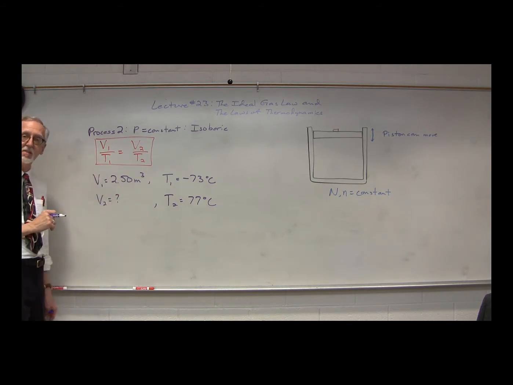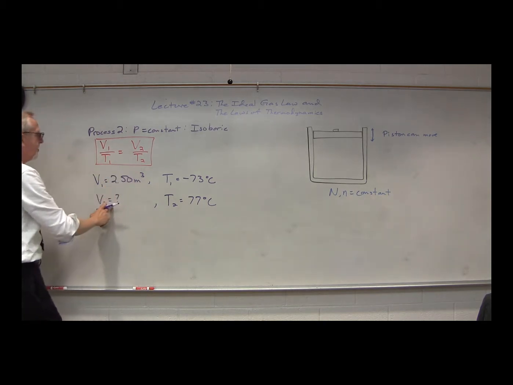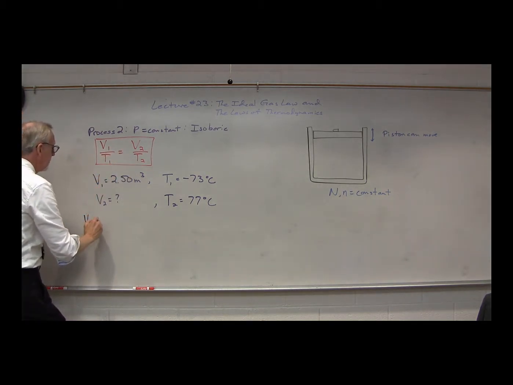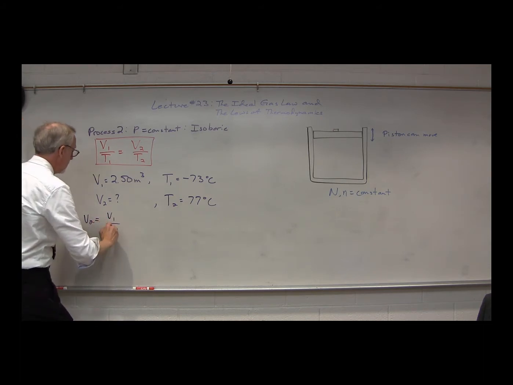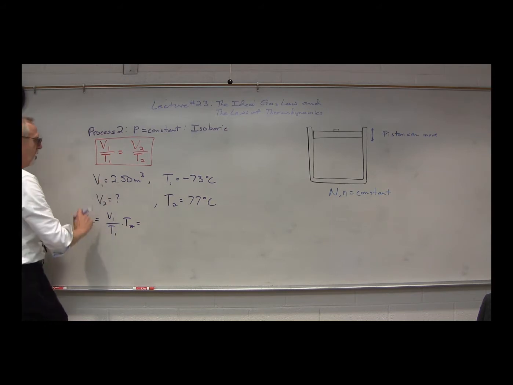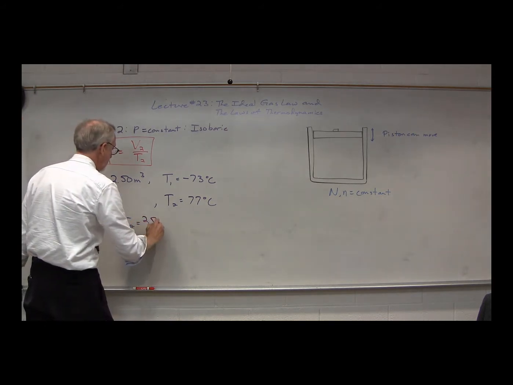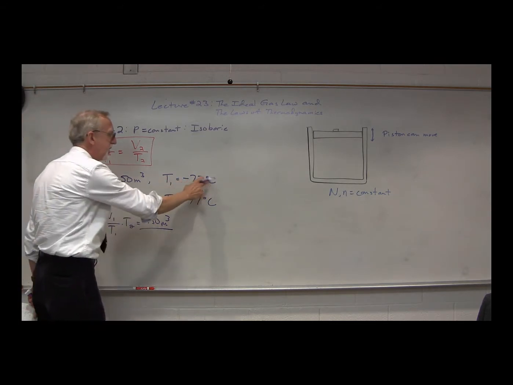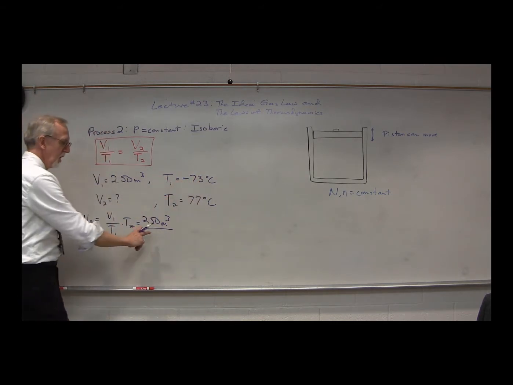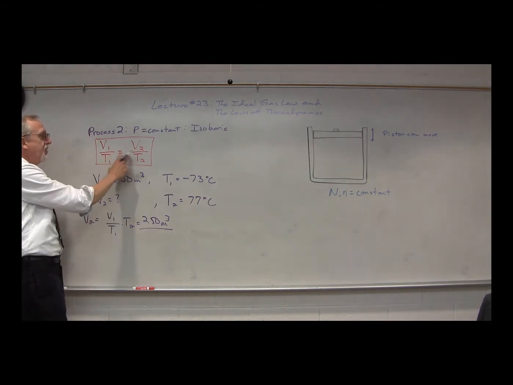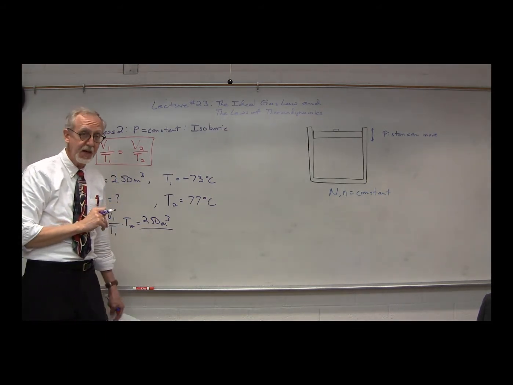Well, let's solve and find out what we get. Solving for V2, we'll multiply both sides by T2. We have V2 is equal to V1 over T1 times T2. In other words, V1 is 2.5 cubic meters divided by T1, negative 73 degrees Celsius. Do I put negative 73 degrees Celsius here? No, remember, these temperatures have to be in Kelvin.